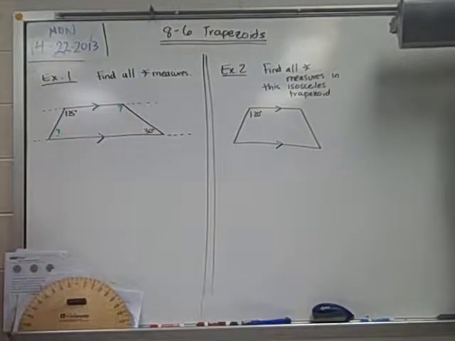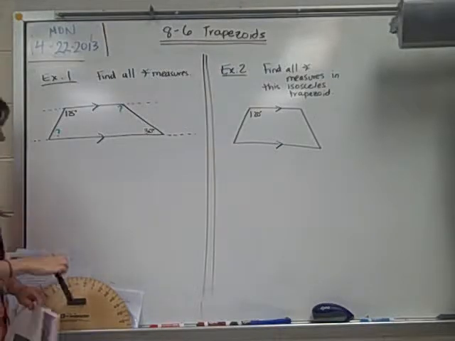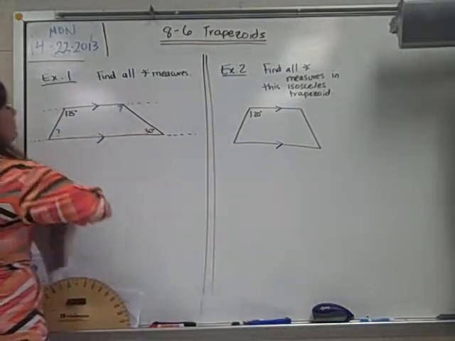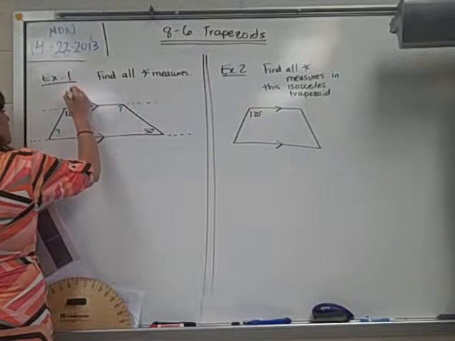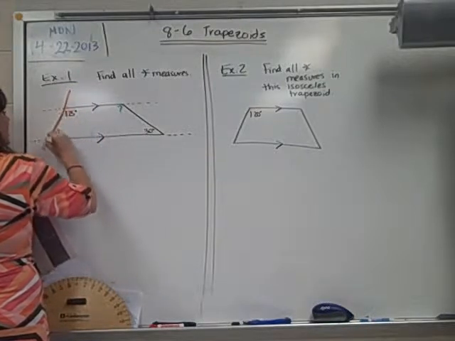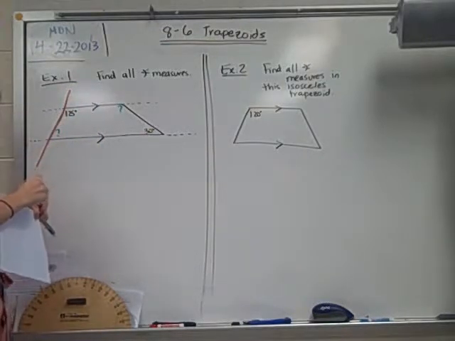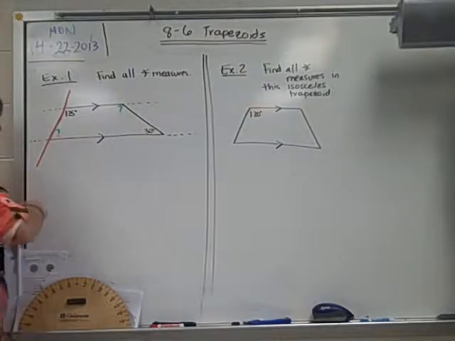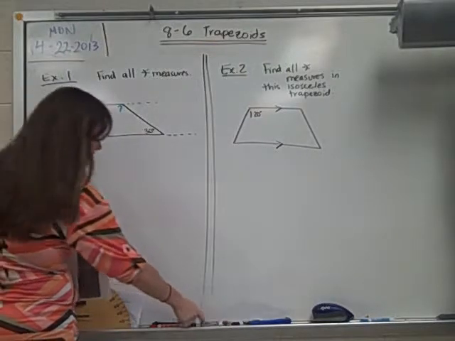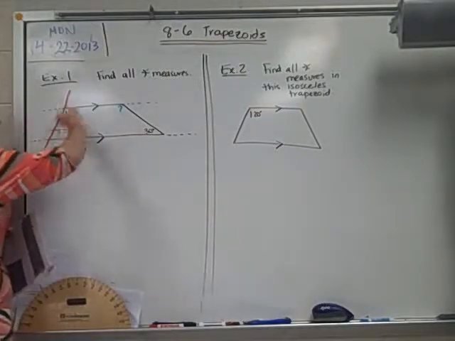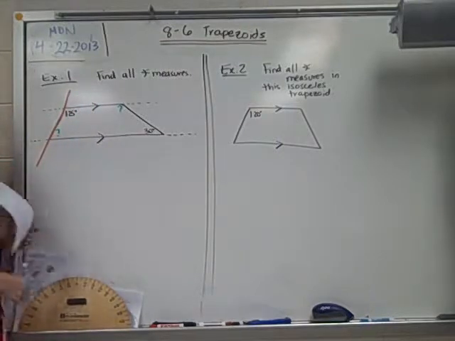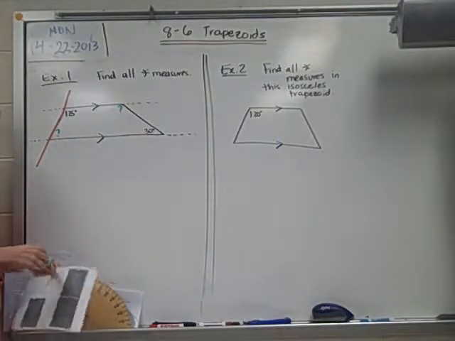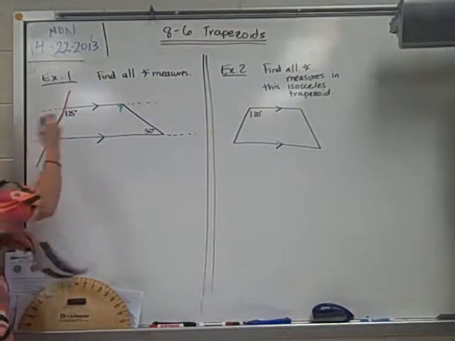How many transversals are there on this picture? If you remember what a transversal is, the transversal is any line that cuts through two other lines. And the cool thing is, there's lots of things that happen when we have a transversal cutting parallel lines. So, take a look.